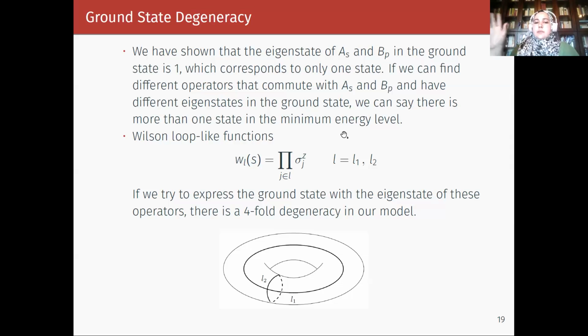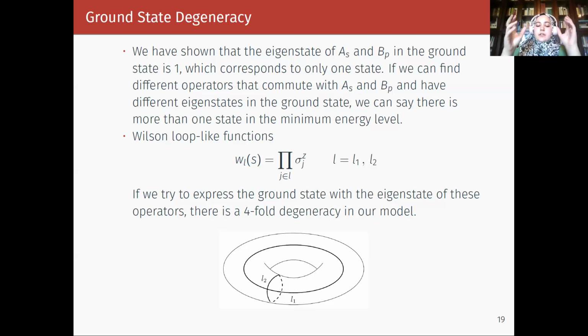So here we need to remember some stuff that I have already told. I know that my star and plaquette operators take eigenvalue 1 when I apply them to the ground state, right? So actually this corresponds to only one state. Now let's remember the theorem that I have told before.